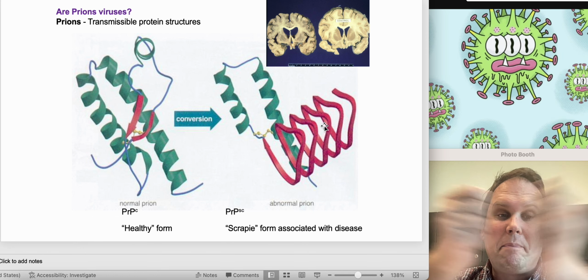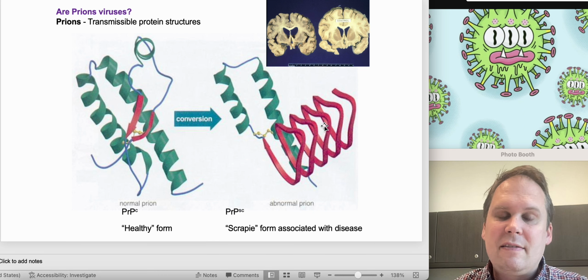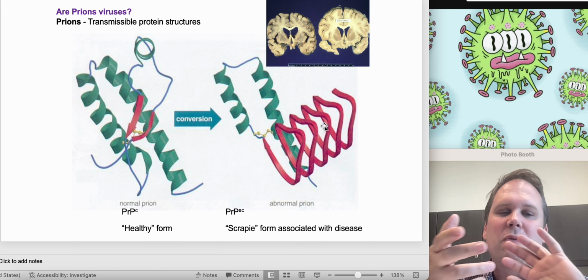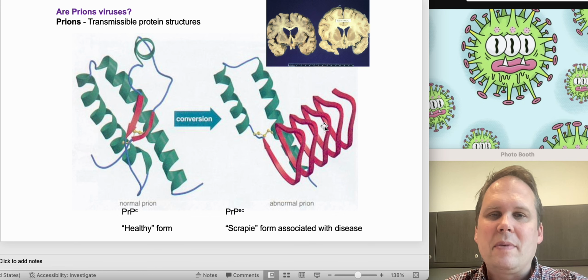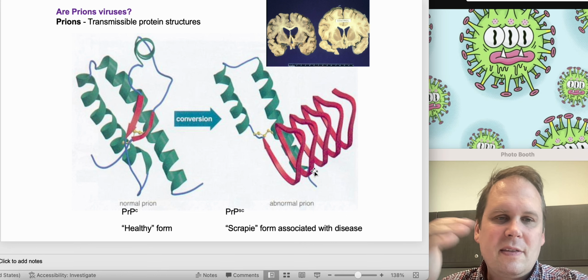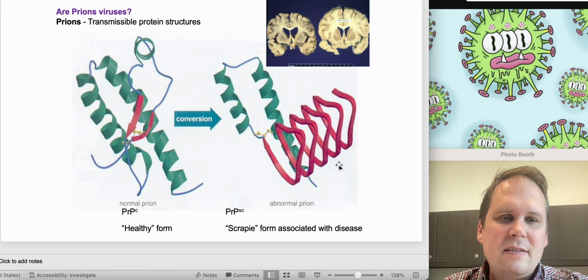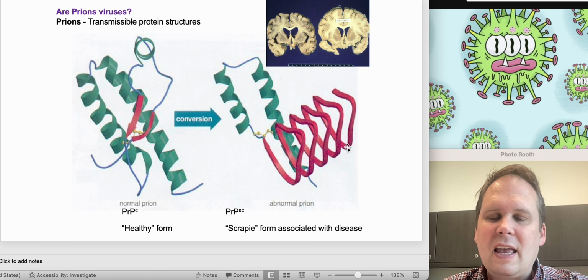That one bumps into the proteins we already have, and almost as if by magic, but actually by structural biology, it's going to convert the form from the normal form that doesn't kill you to this form that does kill you. And so those are prions, protein-only infectious agents.